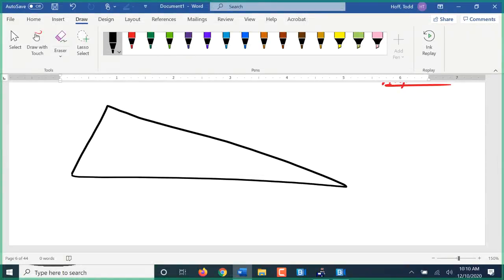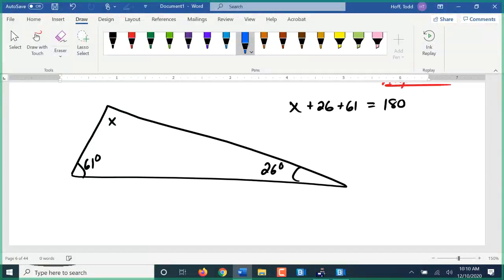So if I know two angles of a triangle, if I know that this angle here is 26 degrees, and let's say I know this one here is 61 degrees, I can find this other angle because I'm writing an equation. X plus 26 plus 61 has to add up to 180. I can combine the 26 and 61 to make 87.